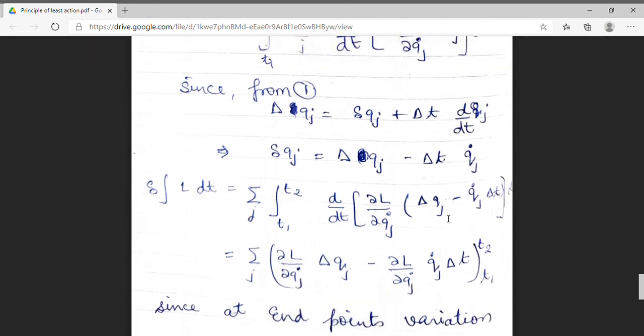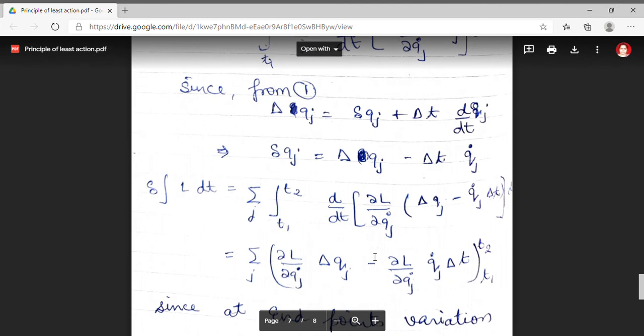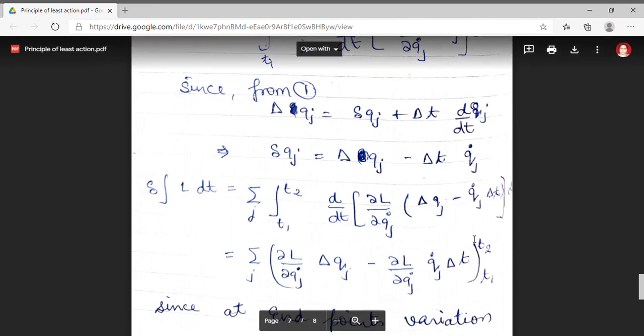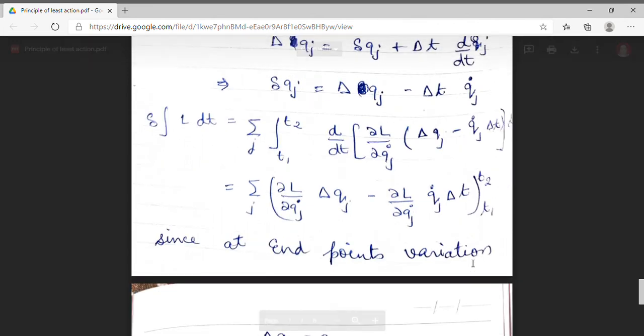So opening the term d/dt, as there is an integral and a differential, these both cancel out. So I am left with the term ∂L/∂qj dot Δqj minus ∂L/∂qj dot qj dot δt at the endpoints.